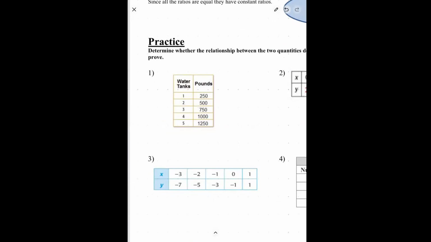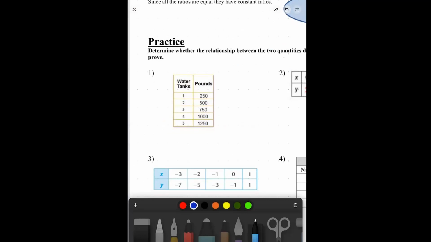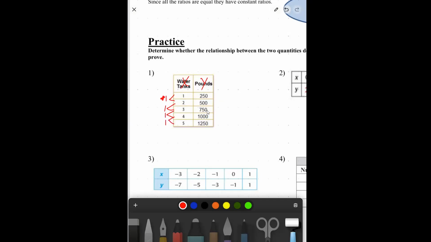This is the x column, and this is the y column. Going from 1 to 2, or 2 minus 1 is 1, 3 minus 2 is 1, 4 minus 3 is 1, 5 minus 4 is 1. So it's easy to tell that this is going up by 1.